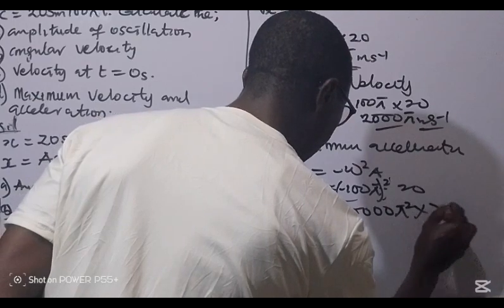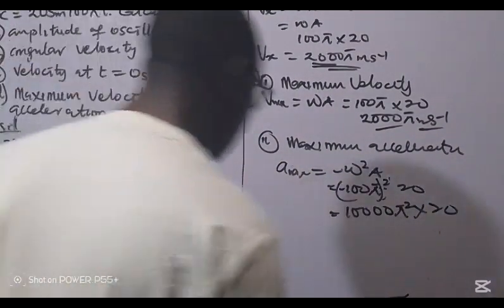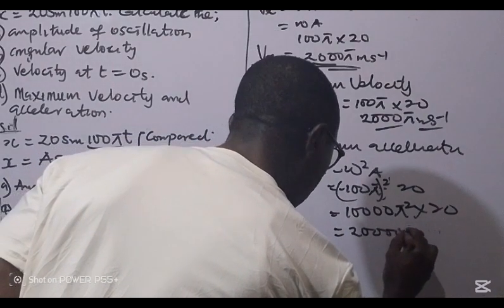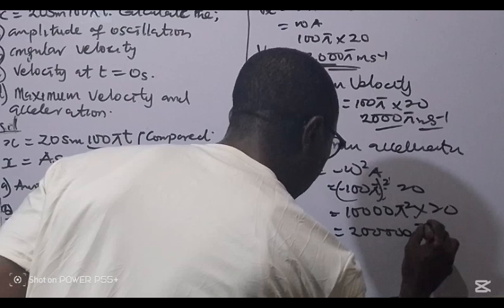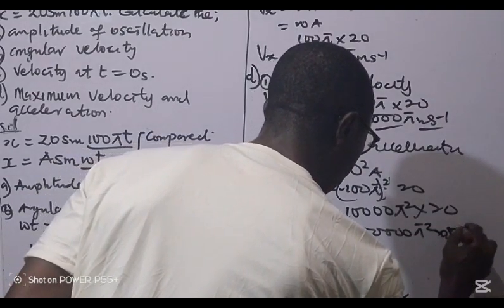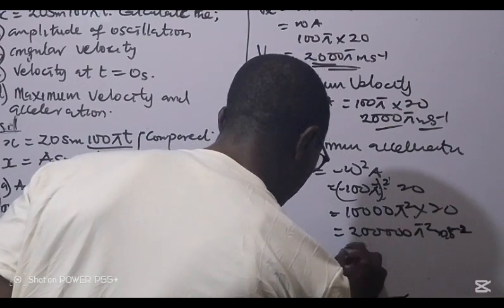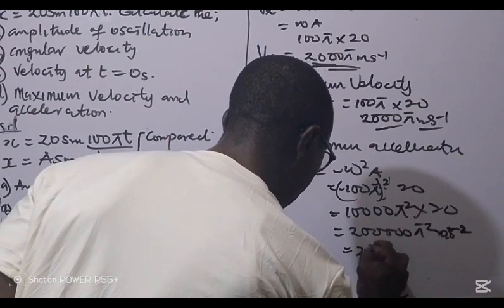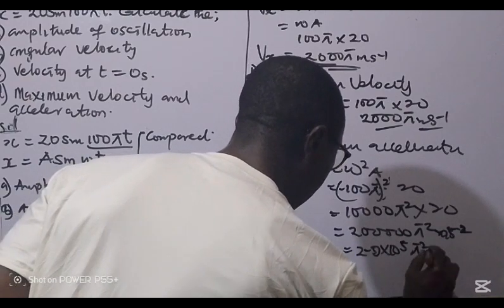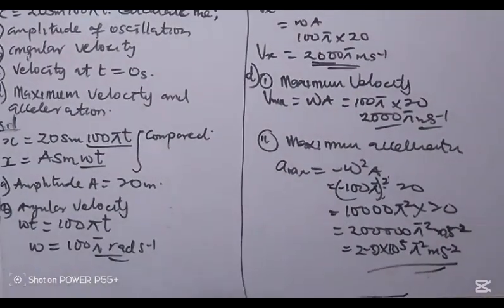So this will now give us 200,000 pi square meter per second square, which is 2.0 times 10 raised to power 5 pi square meter per second square. That is A maximum. And that's the solution to this example 4.